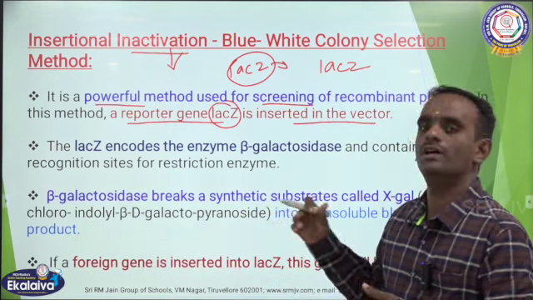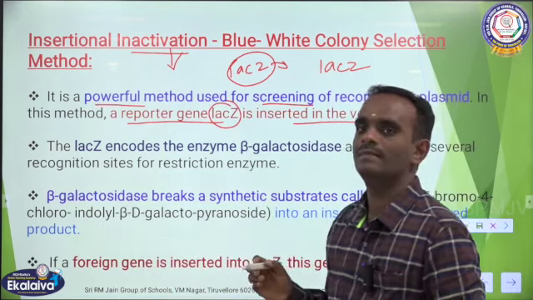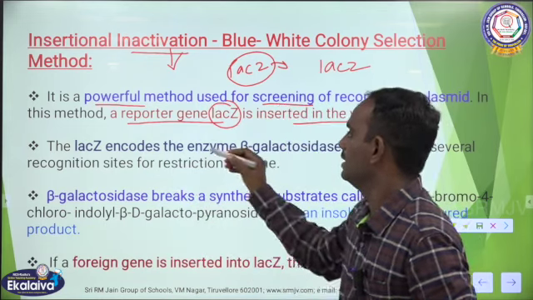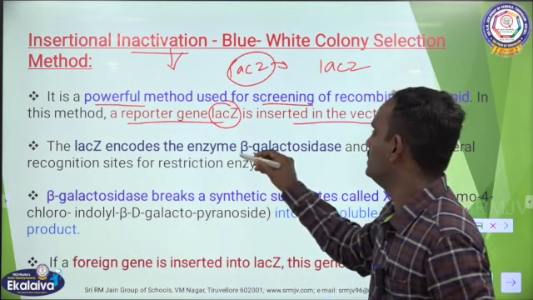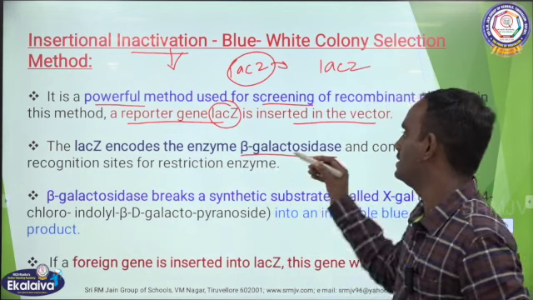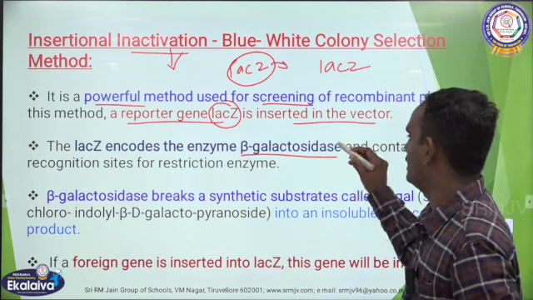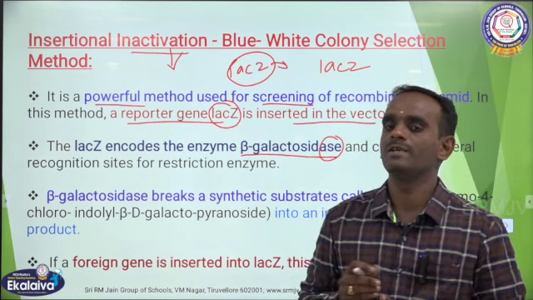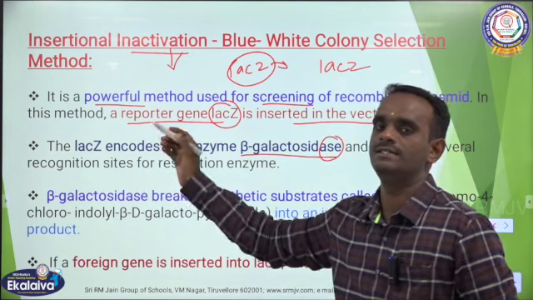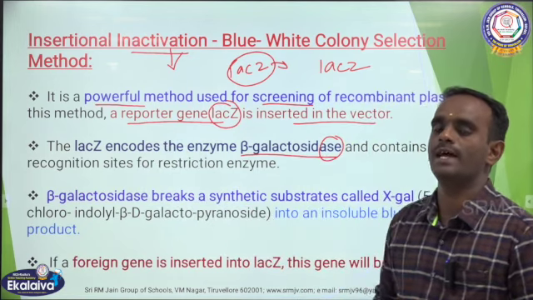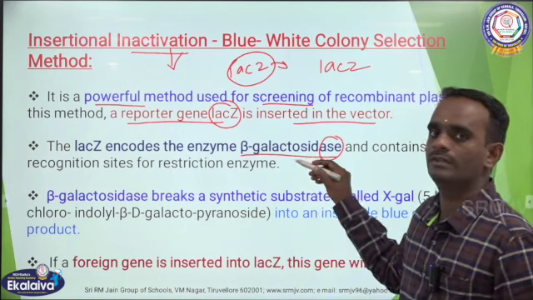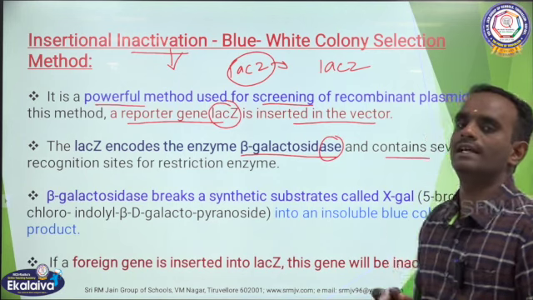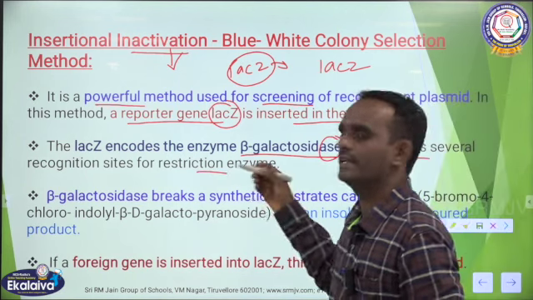What is the main role of this LacZ reporter gene? This LacZ gene encodes the enzyme beta-galactosidase. Wherever a word ends with -ase, it means an enzyme. It also contains several recognition sites for restriction enzymes.